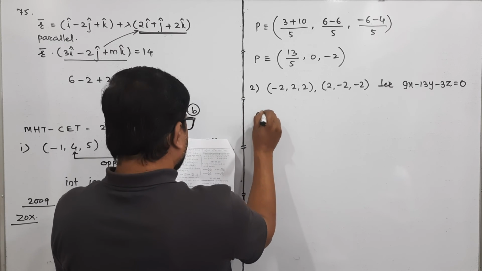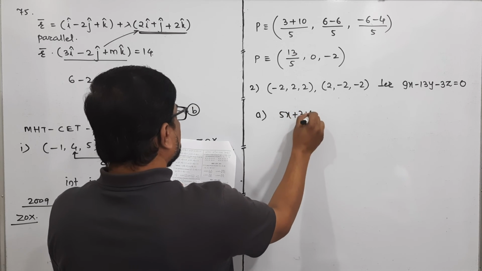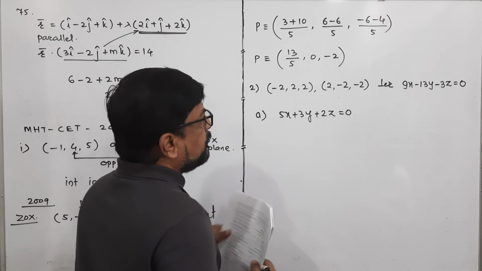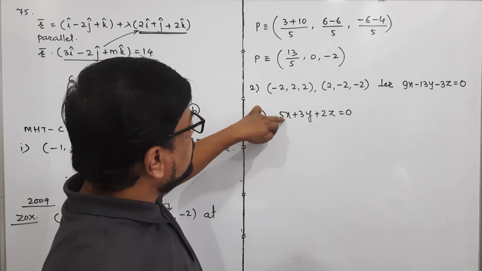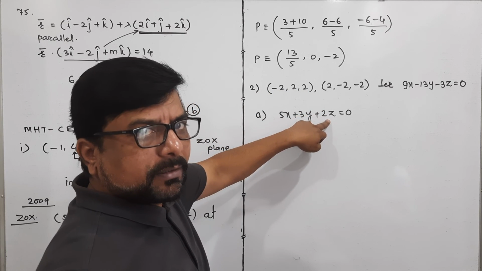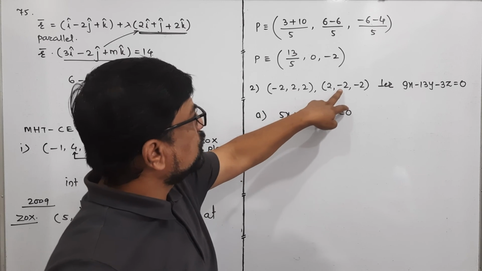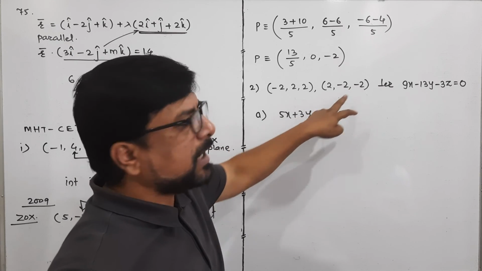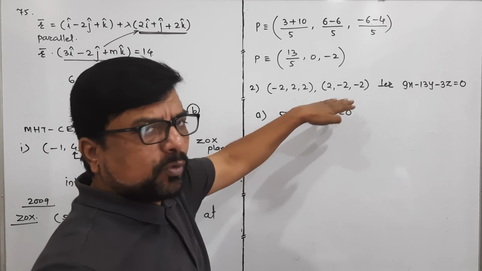Option A, equation is given 5x plus 3y plus 2z is equal to 0. Check whether this point satisfies this equation or not. Minus 10 plus 6 plus 4, that is 0. Means this point satisfies this equation. Put this point: 10 minus 6 minus 4, 10 minus 10, it is 0. Means it is satisfied by both the points.